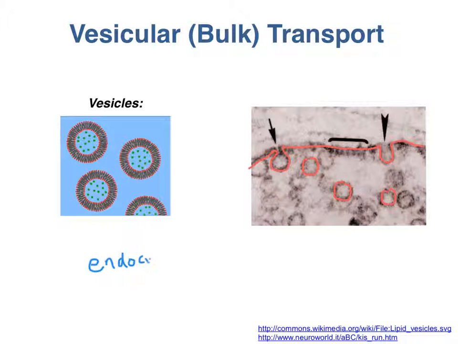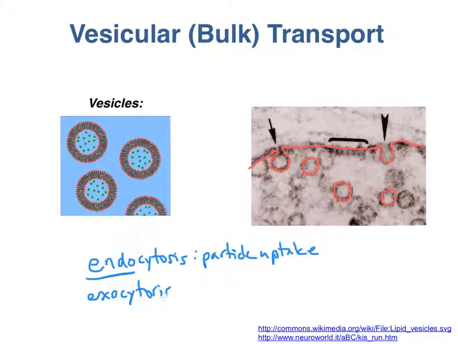Endocytosis, when you see that prefix endo, think in. So endocytosis is particle uptake, so when a cell is taking particles in. Exocytosis, when you see that prefix exo, think out, or external. So exocytosis is particle secretion through vesicles.